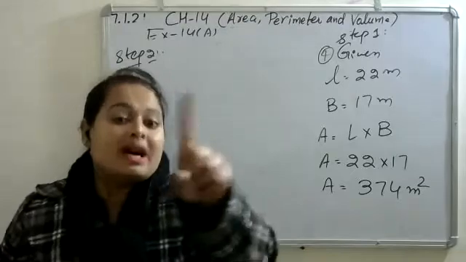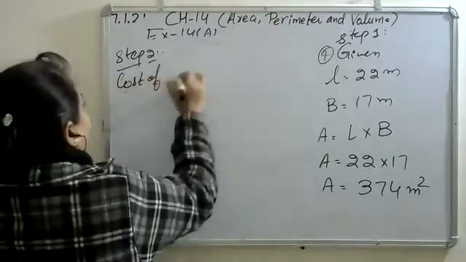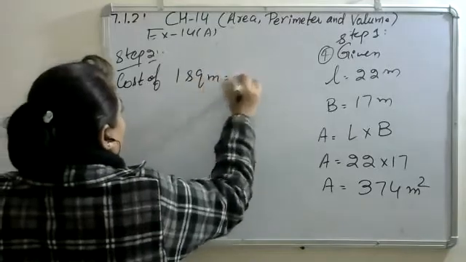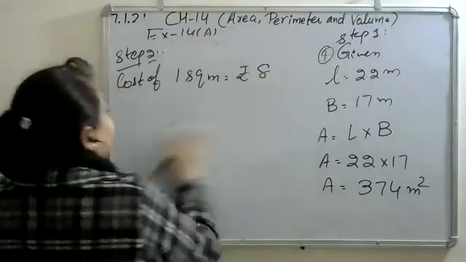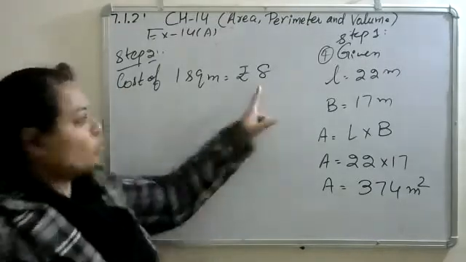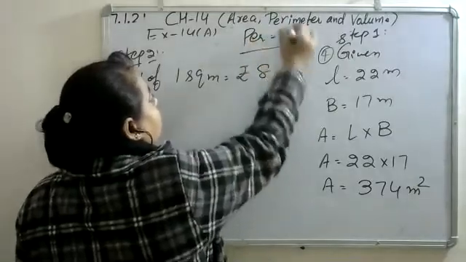Per means 1. So cost of 1 square meter is given to you rupees 8. ये आपको given है. Per word is used for 1.